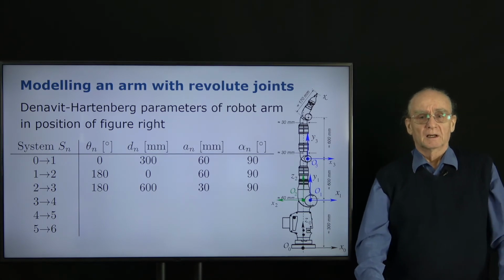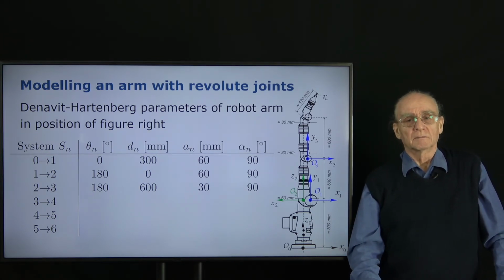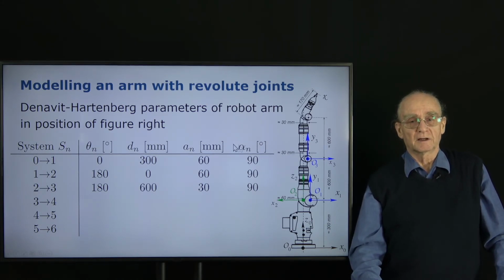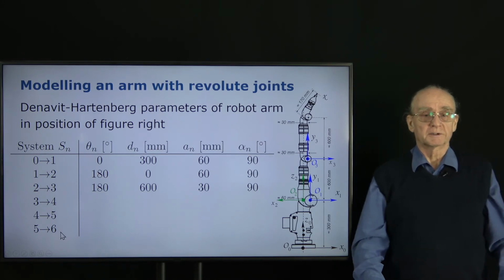So, how is this arm described? These parameters, theta, d, a, and alpha, are what are called the Denavit-Hartenberg parameters. And depending on the degrees of freedom, we have here, in this case, 6 of these sets of parameters.